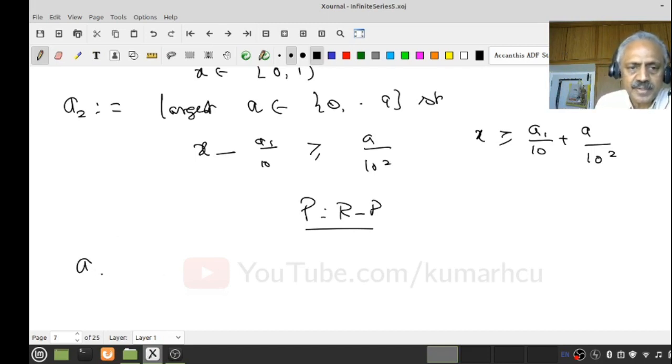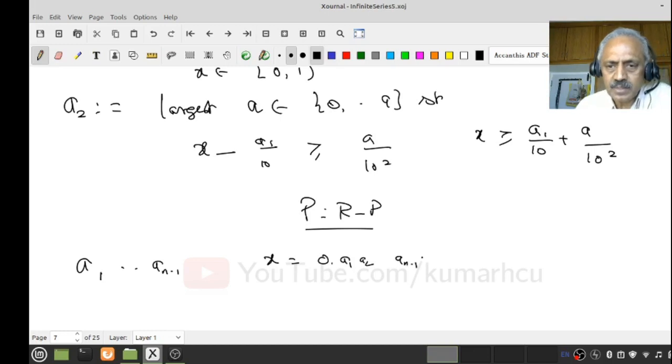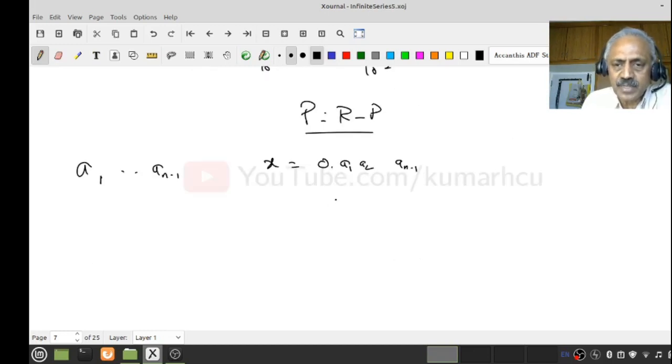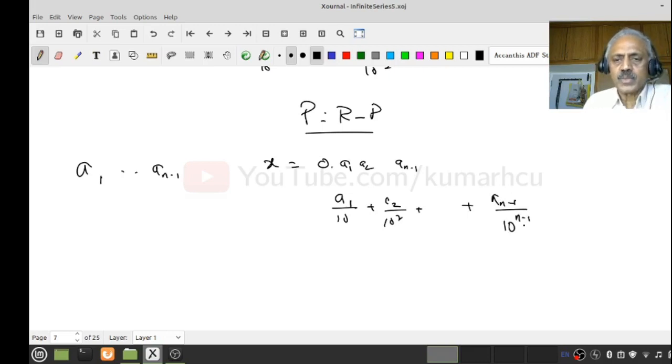Suppose I define a1 up to an minus 1. Therefore I have written 0.a1, a2, up to an minus 1. But what does this really stand for? Let us look at this: a1 by 10, a2 by 10 squared, plus up to an minus 1 by 10 to the power n minus 1.